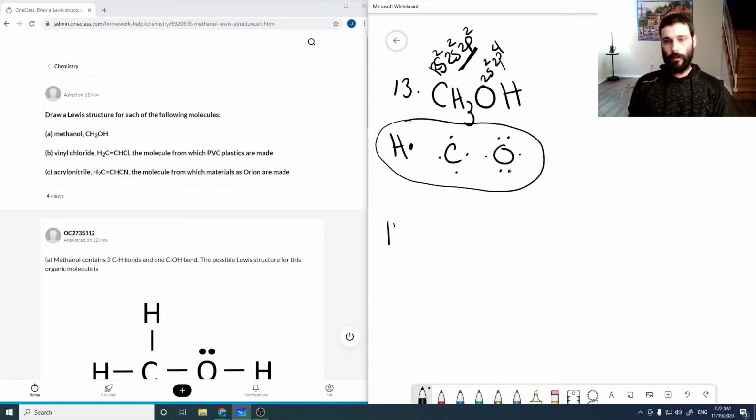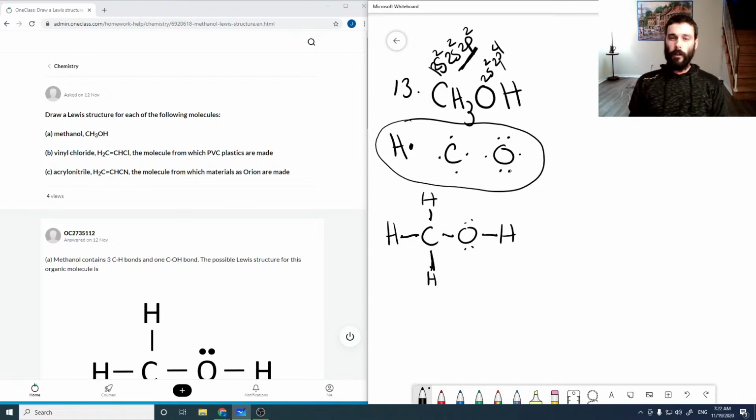So we've got H, C, H, O, and then H. And then we just join up the dots that are next to each other, as those will become the bonding electrons.